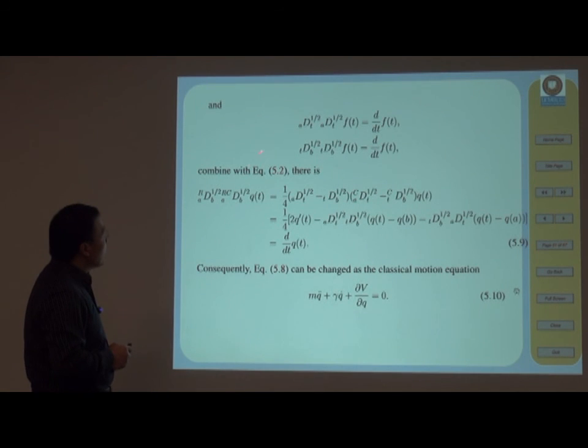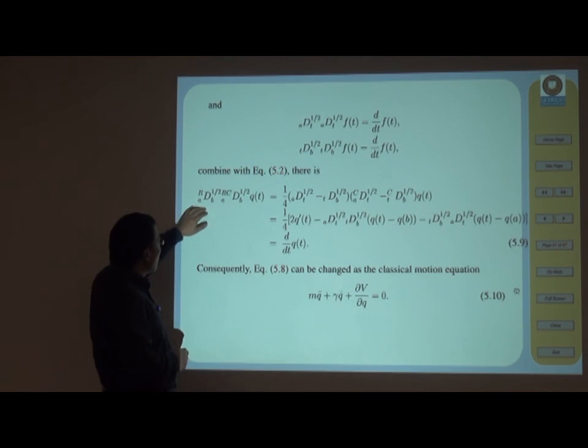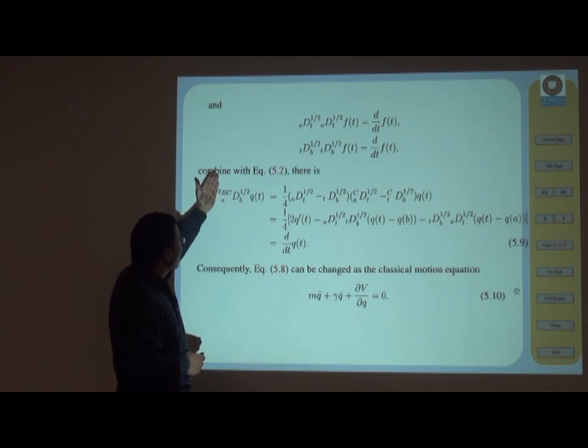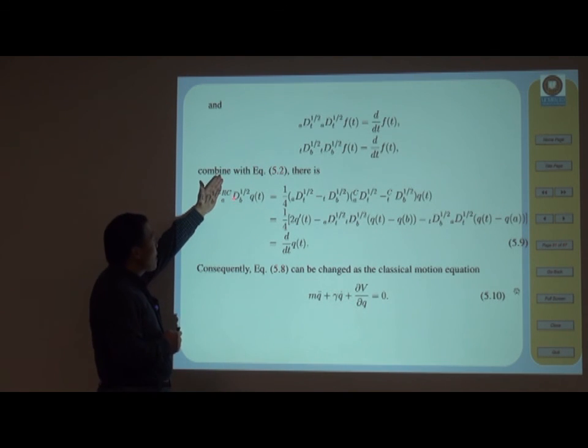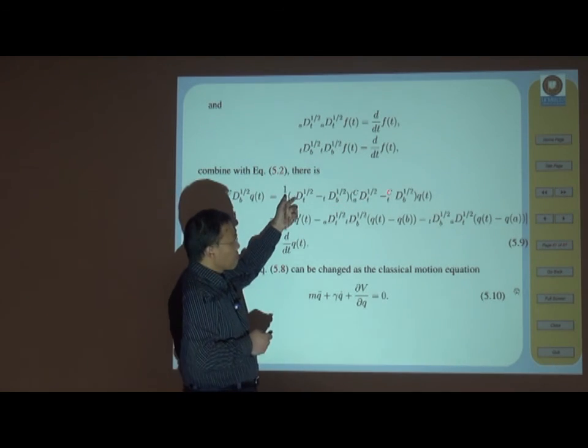And combined with equation 5.2, we can consider the third term, the Riesz-Caputo half fractional derivative, and then the Riesz half derivative, and this.